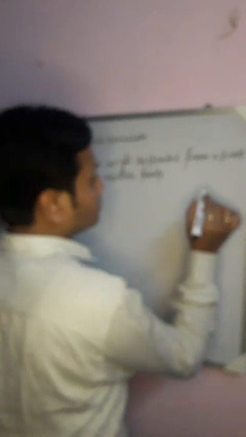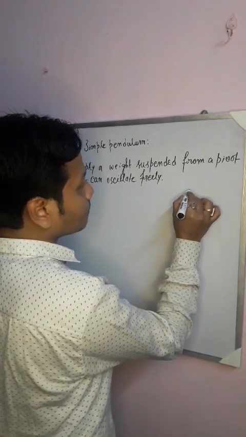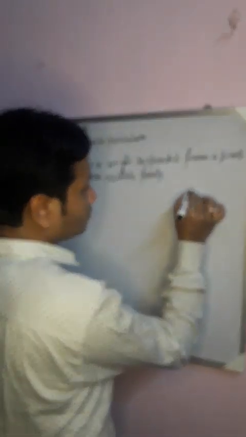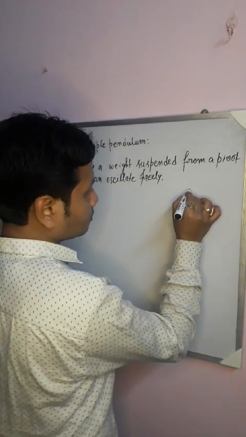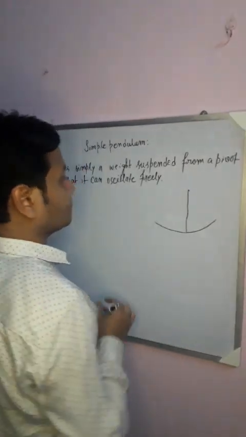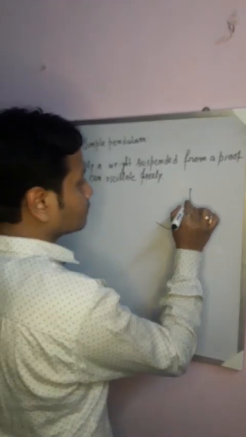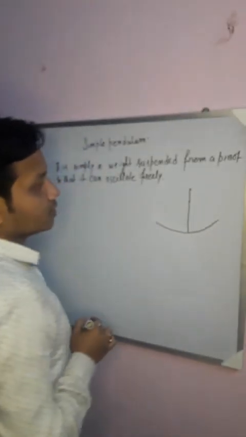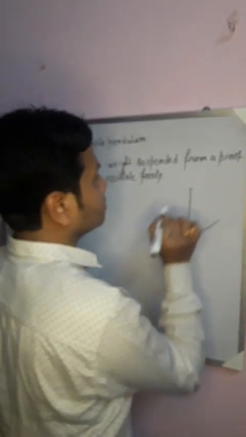Now if we draw a picture, then this is the pivot, from which the pendulum bob is suspended.